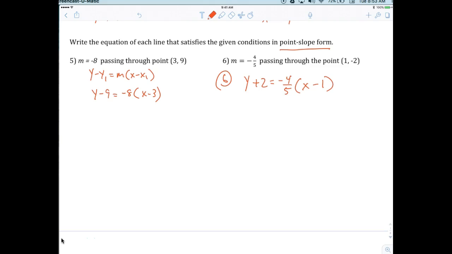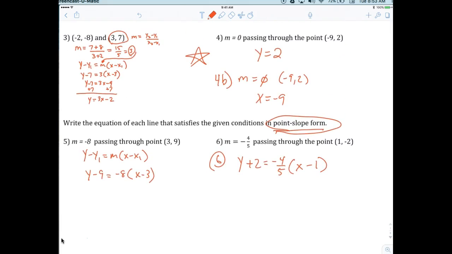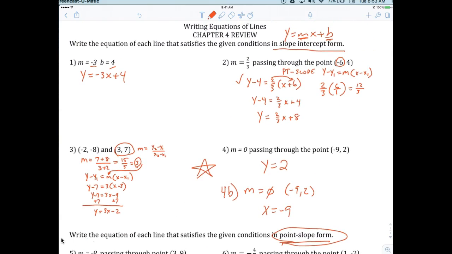The directions say write it in what, girl? Up here, it says write it in what? And pretty soon, it's going to say write it in standard. There's 3 forms. It's annoying. But those are the 3 forms you're going to run into on all standardized tests. You have to know all 3 forms. It's not difficult.